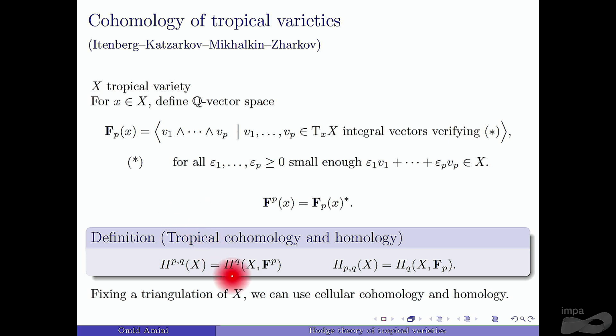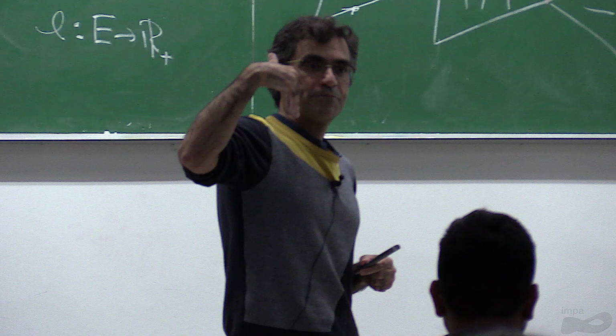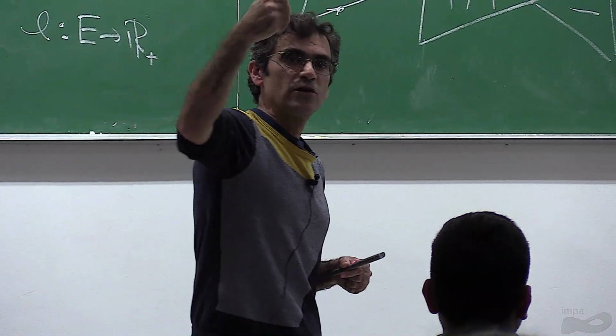Okay, so now I would like to define the cohomology of these tropical varieties. So basically, the idea is that in Hodge theory, you know that the groups HPQ that I defined admit a description in terms of degree P holomorphic forms.